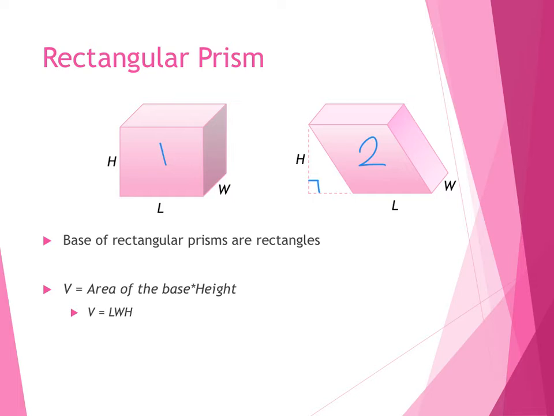So what you should notice is now that I have a three-dimensional figure and I'm talking about length, width, and height, then that surface, that kind of area on the inside, is just your length times width, and now we need to build that figure up, and that's why you have to do your height. So again, your formula for a rectangular prism is volume equals length times width times height.